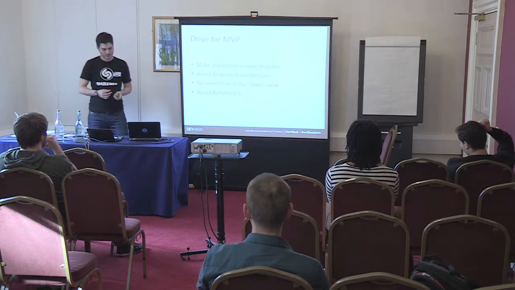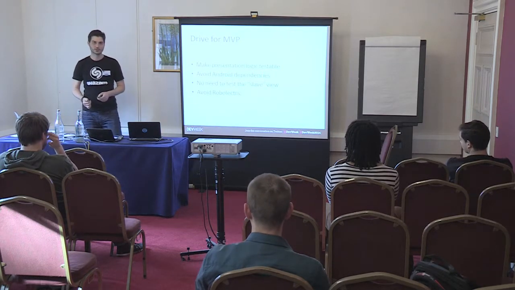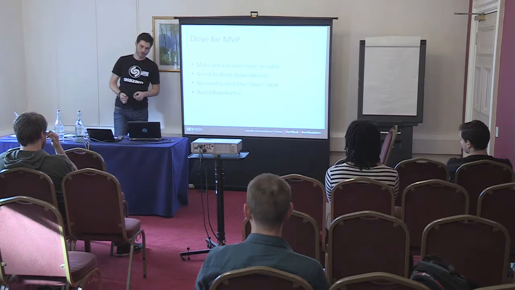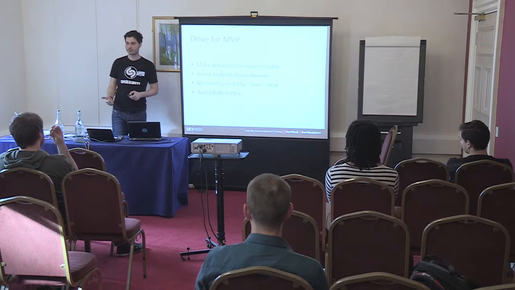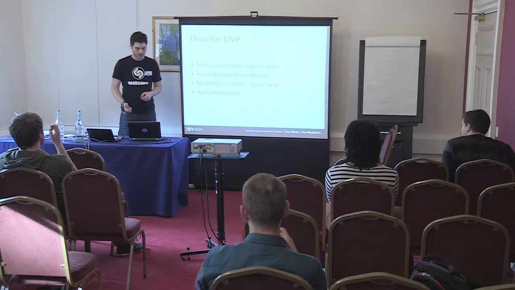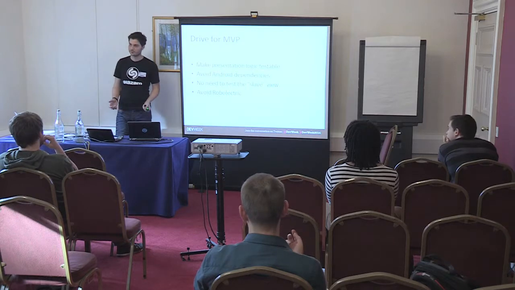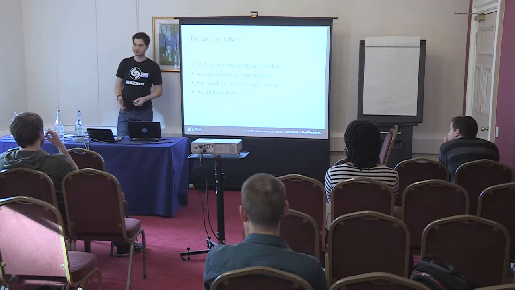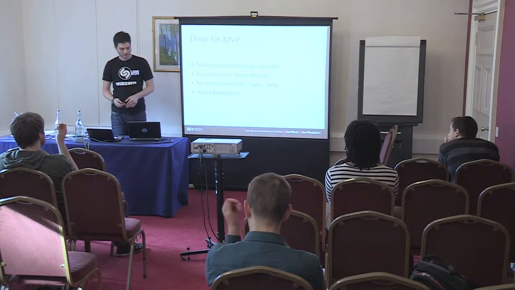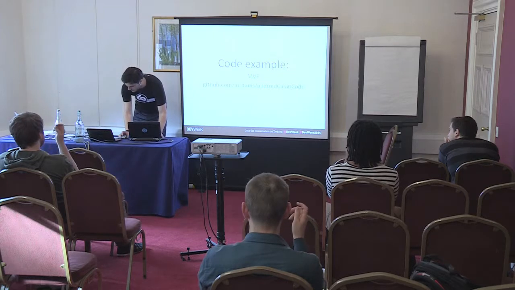The starting point for this is that we want to easily unit test our presentation logic. We don't want to run into those weird exceptions, so we don't want to have to touch Android at all. And because the view is right now very, very simple, we don't need to unit test it. There's not going to be any branching or any weird code in there. So let's have a look at how this would work in practice.